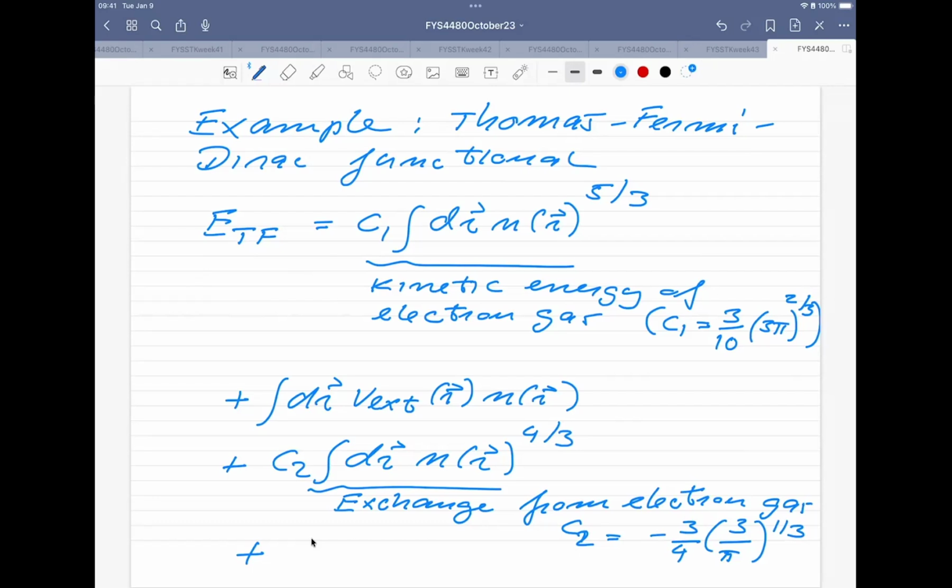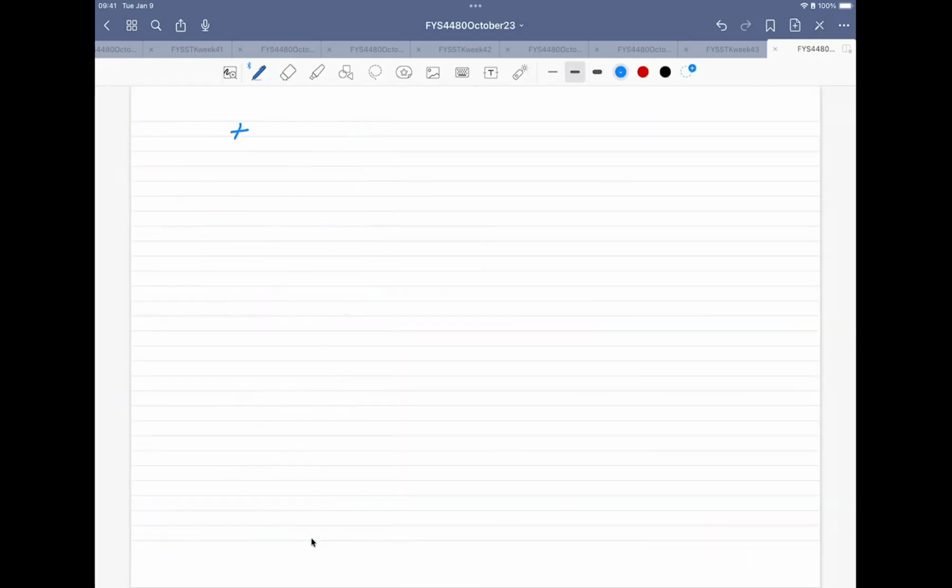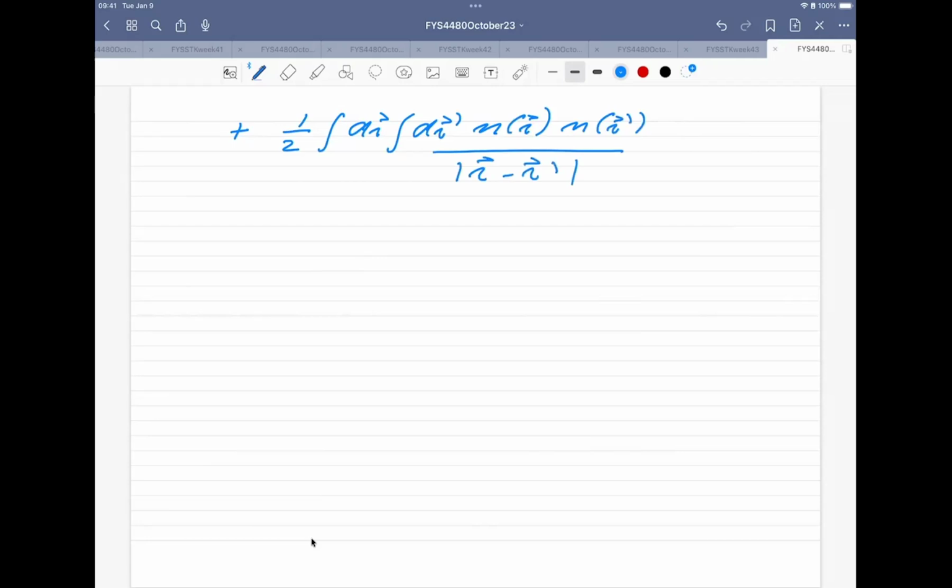So for the electron gas, there was no direct term, but for a general system, what we would have is a Hartree term, where we now have an integral over dr prime, and then we have n of r prime divided by, if this is a system of, for instance, electrons or charged particles which interact through the Coulomb interaction, the distance between r and r prime. So just keep in mind that you could replace this one with a general interaction here.